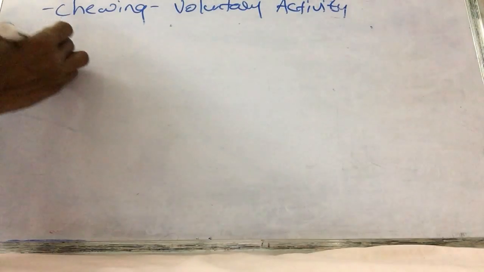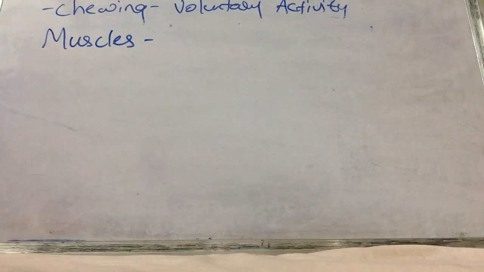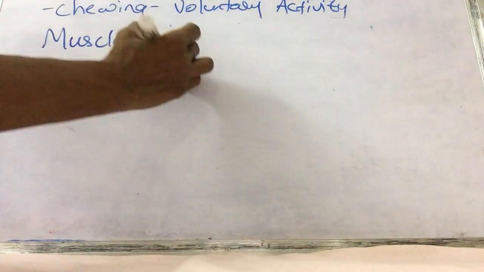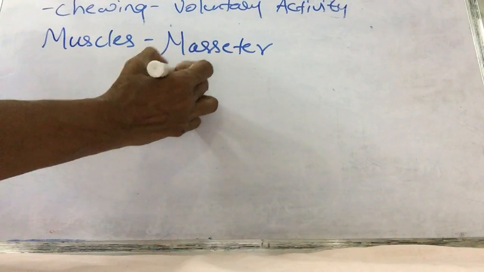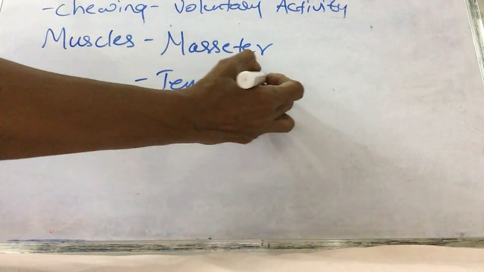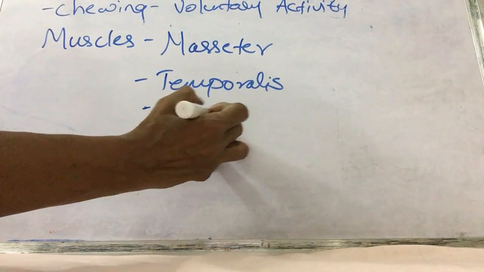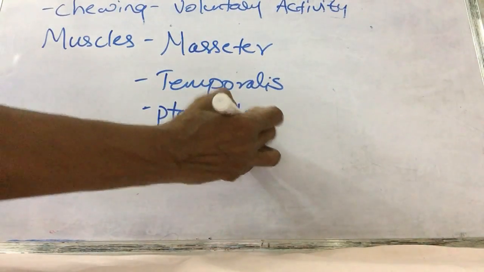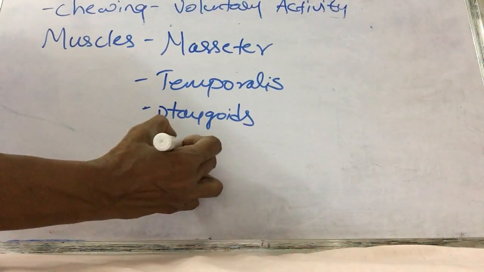And muscles of mastication: masseter, temporalis, pterygoids, and also buccinator.